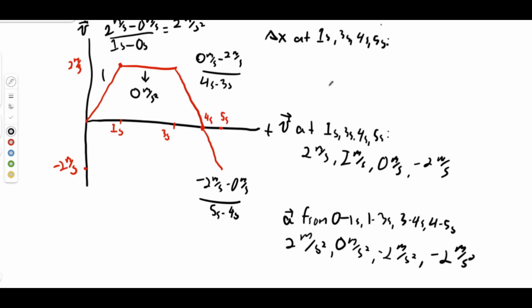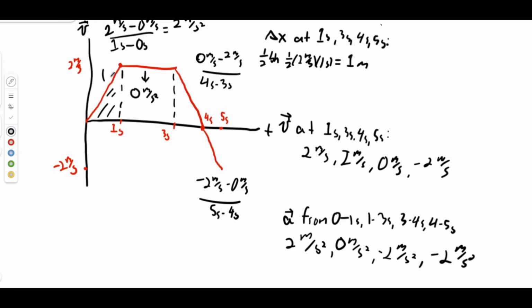Now displacement. Displacement is the area under. So at 1 second, it's going to be this area here. So this is a triangle. Area of a triangle is 1/2 base times height, which in this case is 1/2 times 2 meters per second times 1 second, which is just going to be 1 meter. Now, at 3 seconds, we're going to have this whole area here.